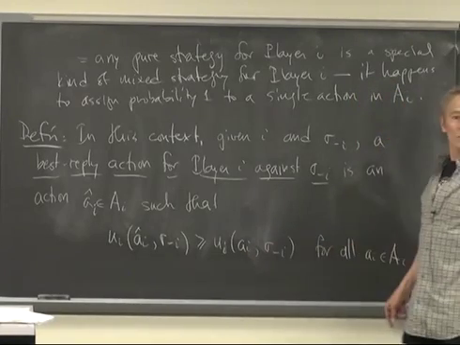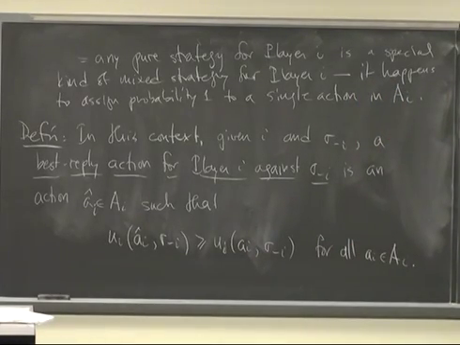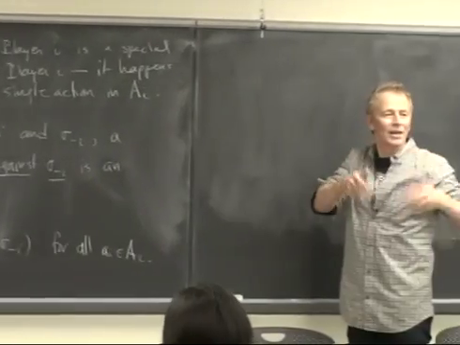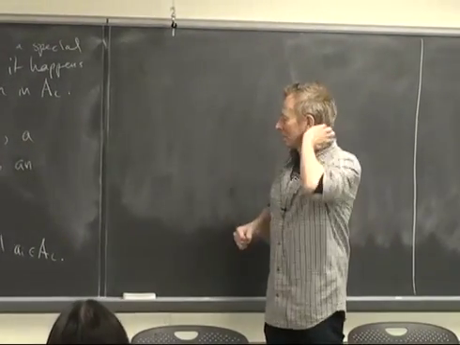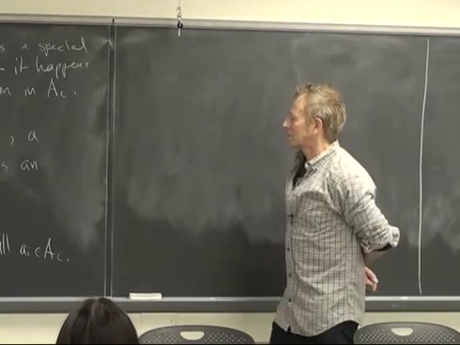There might be multiple best replies, but you get the picture, okay? And the weird thing, using the terminology best reply, and some books use best response, it's kind of weird because when we get down to it, you're not really responding to anything because everyone's planning their own moves ahead of time in isolation. But it's convenient to think of it this way.